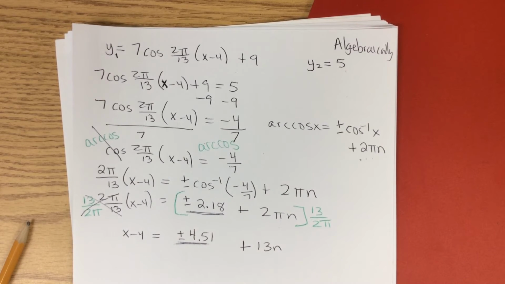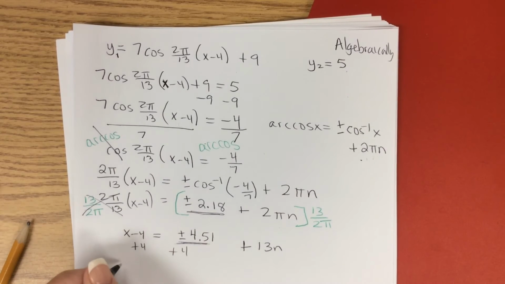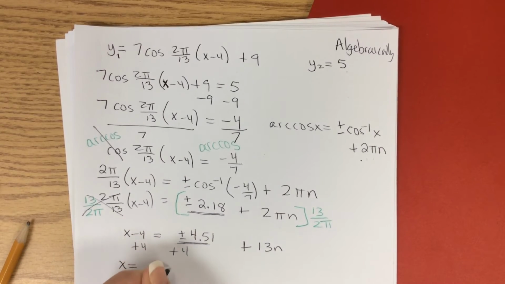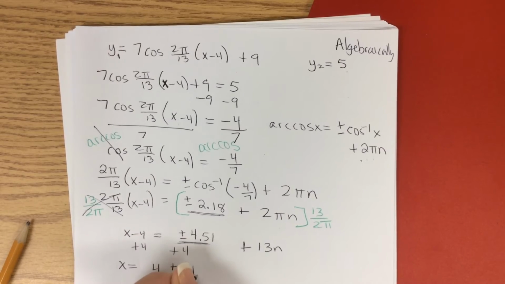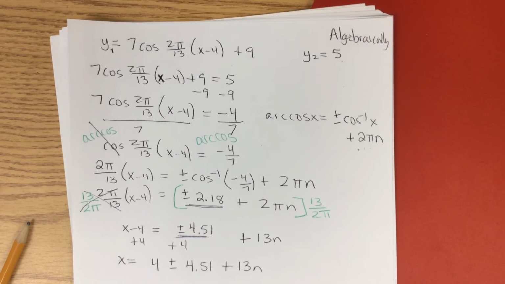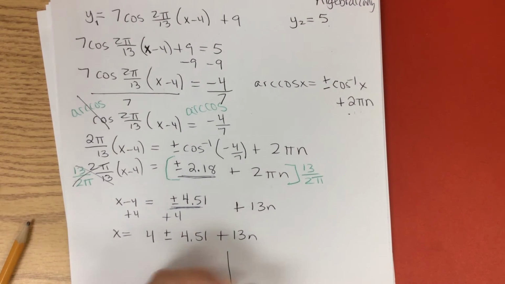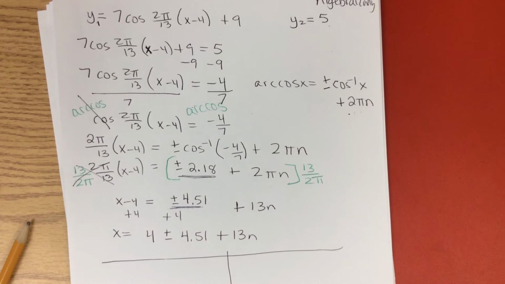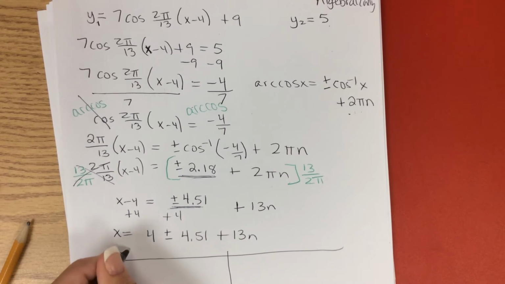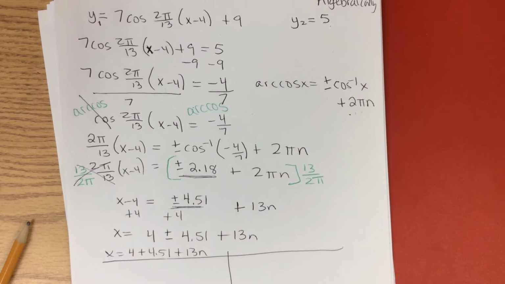Now, the next step algebraically is to add 4. Now you have x equals 4 plus or minus 4.51 plus 13n. And here's where you separate the problem into two sides. One side is 4 plus 4.51 plus 13n.